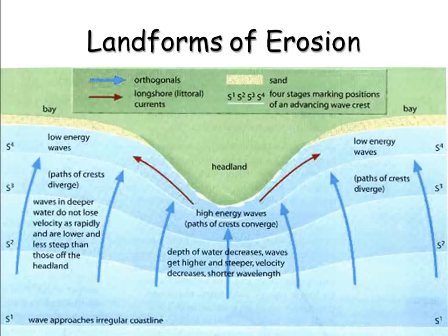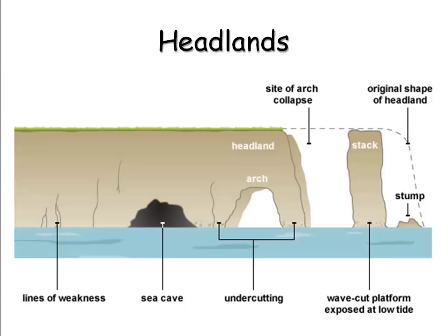Thing to bear in mind is they're not just being attacked from the front, but as the paths of the crests are converging, they'll actually start to erode from the side as well, which is how we're looking at this headland, from the side on.